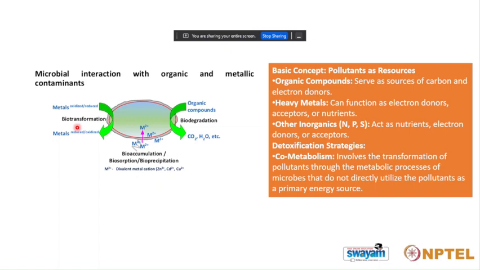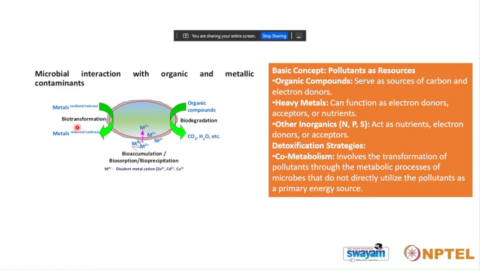Basically, metals cannot be degraded, so they can only be converted into non-toxic forms. In the case of chromium, chromium 6 is a toxic form, whereas chromium 3 is less toxic than chromium 6. So in biotransformation, the toxic chromium 6 form will be converted into the non-toxic chromium 3 form.